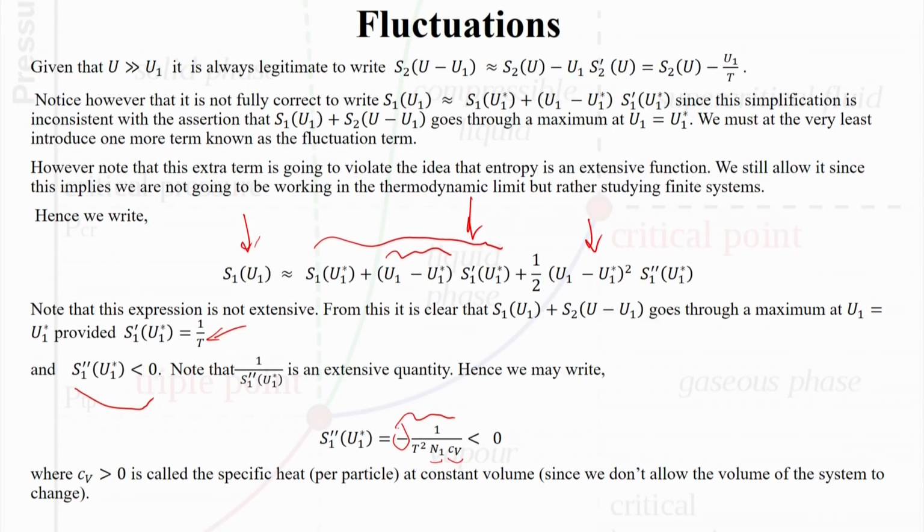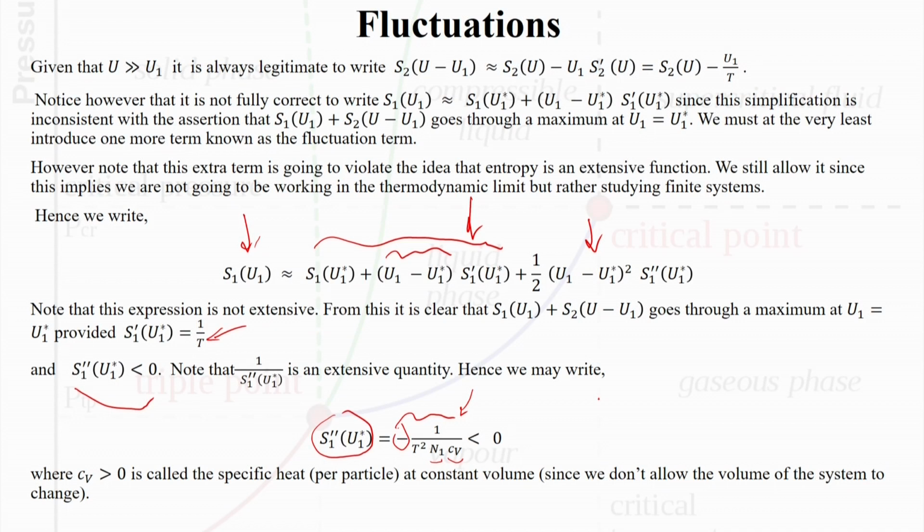So that is the meaning of that, and because it is per particle, it is an intensive quantity. Why do I have the right to claim that the reciprocal of this is extensive? Because if it is extensive and it is negative, I have the right to say something like this, otherwise no. So what gives me the right to assume all this? Negative I already told you, because otherwise this will not go through a maximum, but extensive is easy to see.